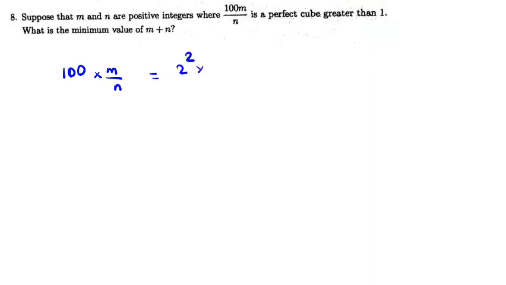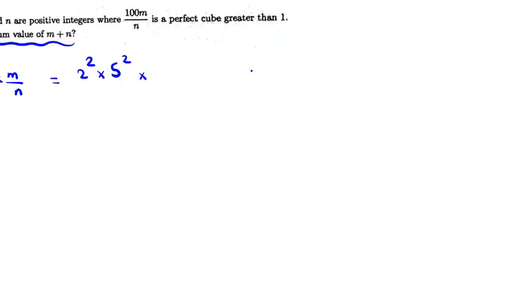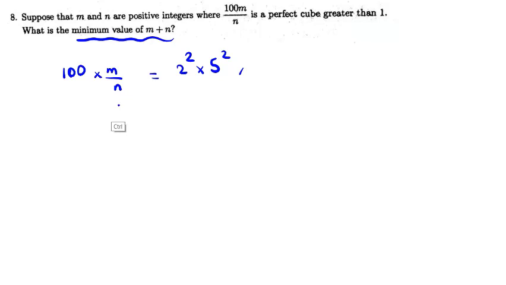100 is 2 squared times 5 squared. Because we want to find the minimum value of m and n, we can consider that m and n only have factors 2 and 5. Let's try to find some example.